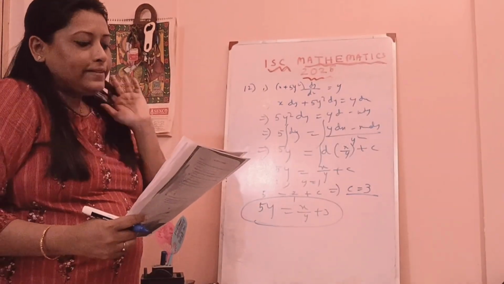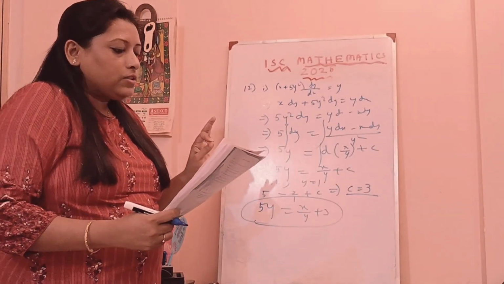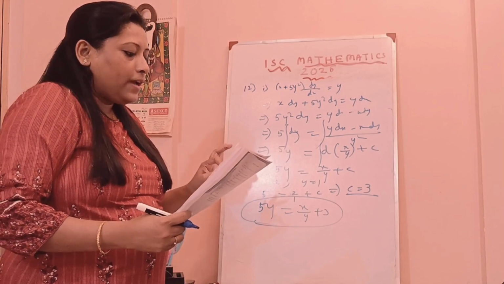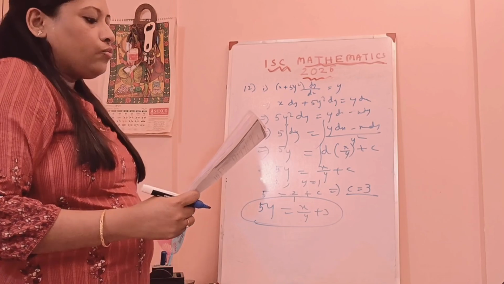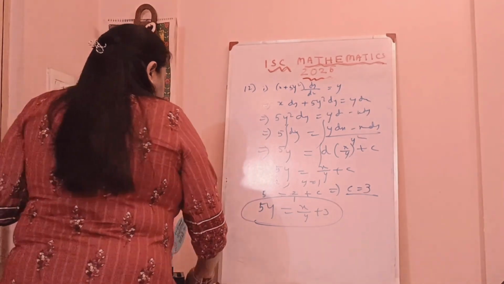Now I'm going to question number 12, subpart 2. Find the particular solution of the differential equation (x² − 2y²) dx + 2xy dy = 0 when x equals 1 and y equals 1.